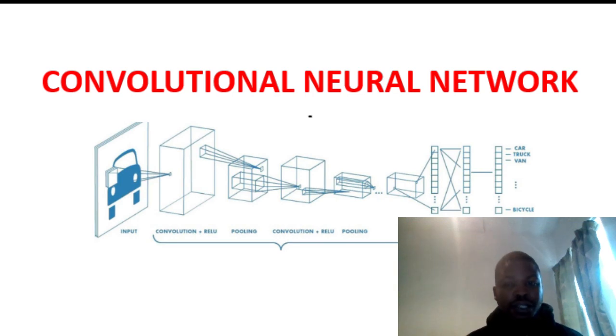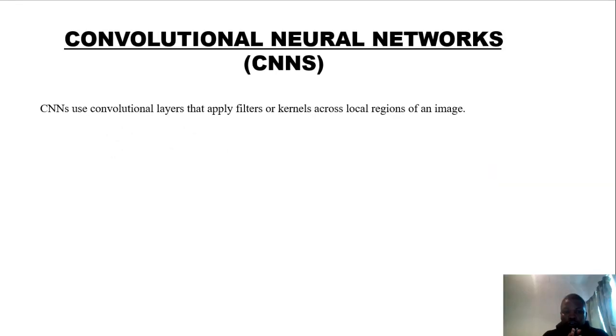A CNN is a special type of neural network designed specifically for image and spatial data analysis. So what is the core idea behind CNN? Instead of fully connecting input pixels to every neuron, which is generally how a neural network works and can be computationally very heavy, a CNN uses what we call convolutional layers that apply filters and kernels across local regions of an image.